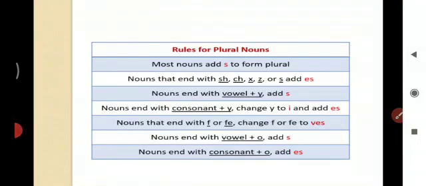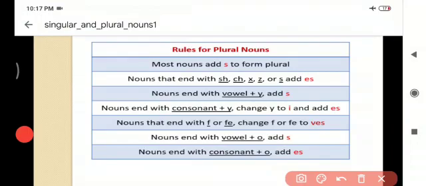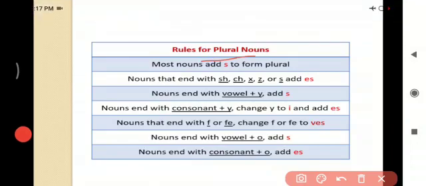So we have the summary for all the rules which you have seen in the class today. Rules for plural nouns. First rule is most nouns add s to form plural. Nouns that end with sh, ch, x, z or s, we need to add es. Nouns ending with vowel plus y, we need to add s.